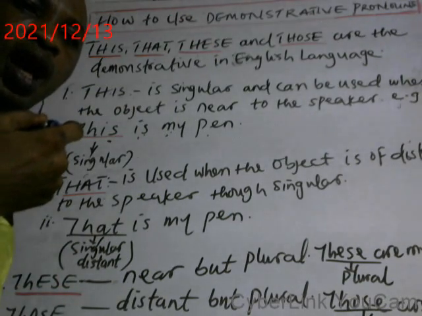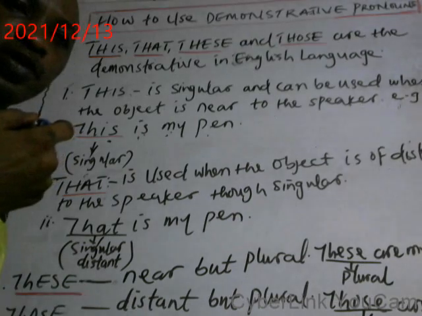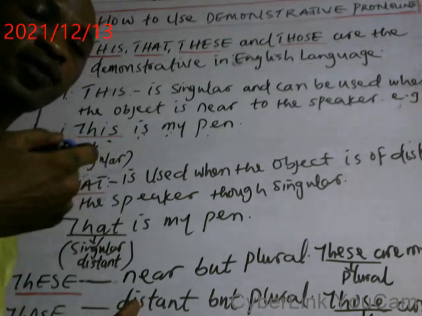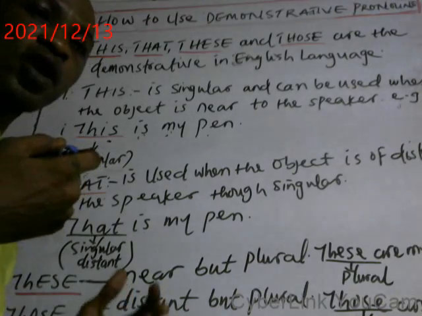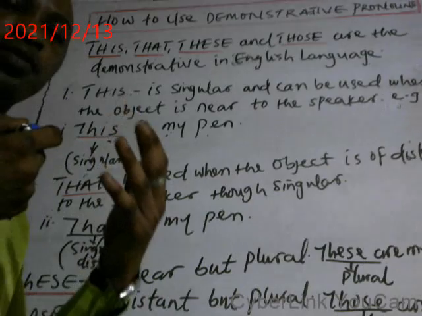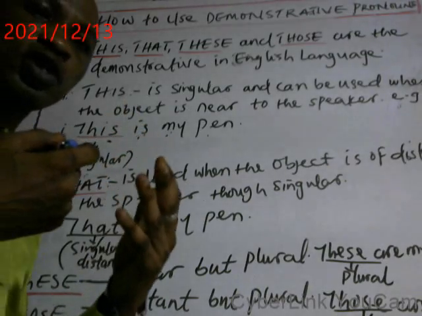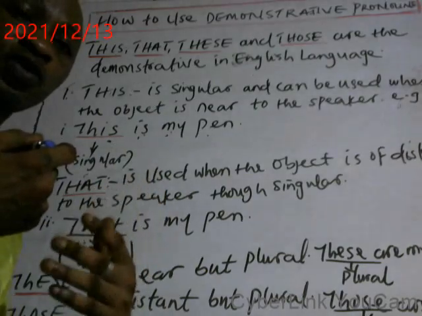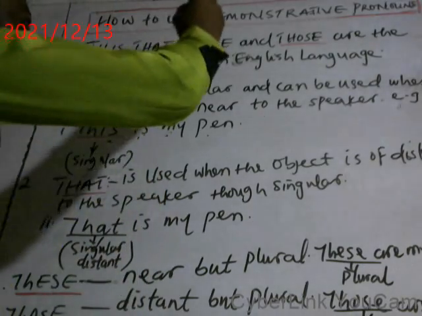These are my markers. So, what we are trying to establish here is that when you have a plural object and you want to make reference to this plural object with a demonstrative pronoun, if this plural object is very close to you, make use of this.